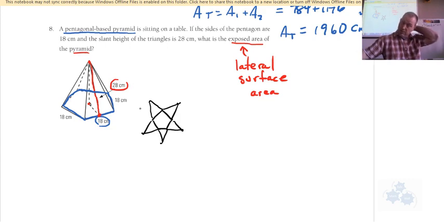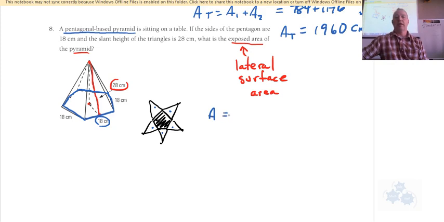We don't have to worry about this base right here, so let's cancel this out. And we're looking at 1, 2, 3, 4, 5 different triangles, right? So instead of doing 4 times 1/2 base times height, we need to do 5.